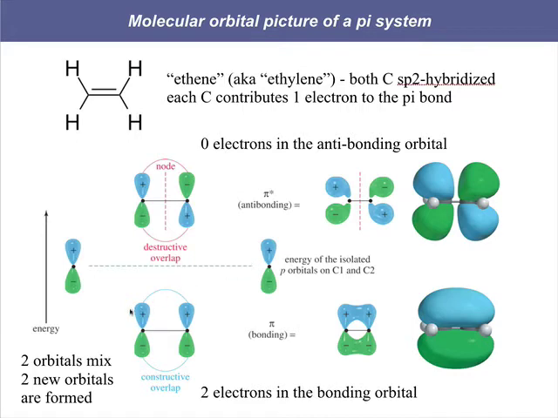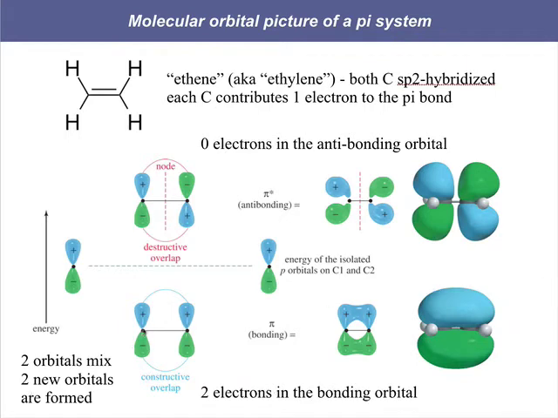We can get a bonding orbital where the 2 orbitals are mixing in phase, where the positive lobes are overlapping with each other and the negative lobes are overlapping with each other. That's constructive overlap, and that gets us a pi bond, what we see here. Here's another representation of what the orbitals look like.